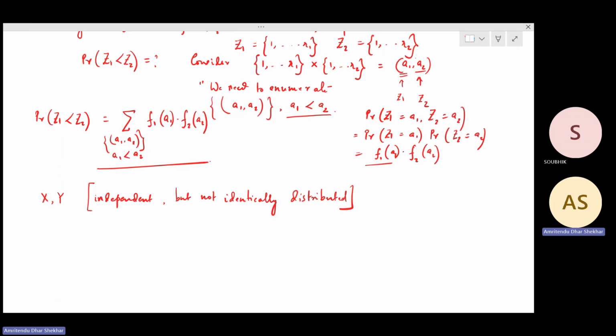What values can X take? X can take values from 0 to n, and Y can take values from 0 to n plus 1.